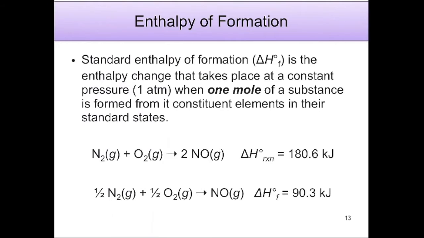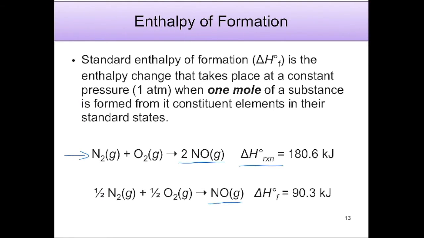So if we have these two reactions at the bottom of the slide, this reaction here, notice that it produces 2 moles of nitrous oxide. And in that case, under standard state conditions, it would have a delta H naught of reaction of 180.6 kilojoules. The delta H of formation is going to be that reaction when only 1 mole of nitrous oxide is formed.